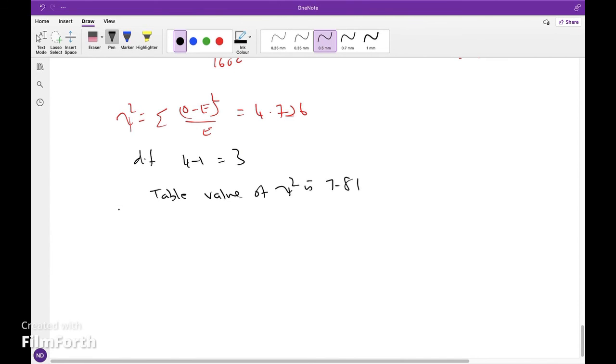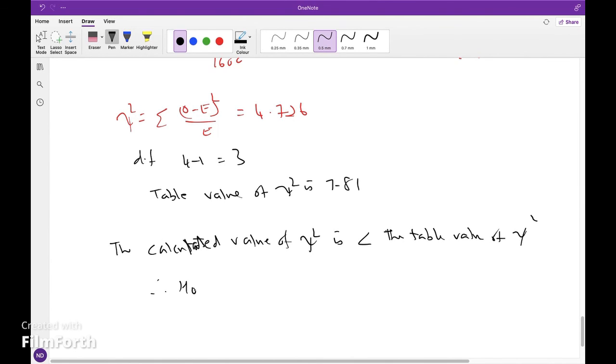So the conclusion: the calculated value of chi squared is less than the table value of chi squared.